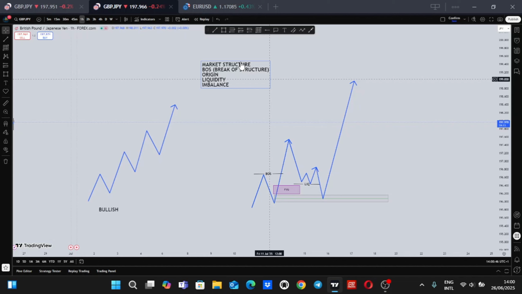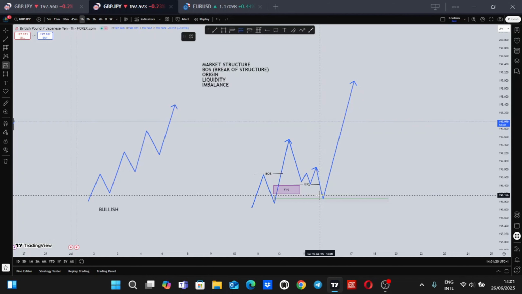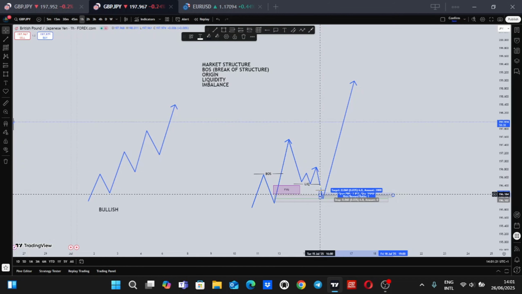Then you map out the origin that caused that break of structure in your entry time frame. Then you look out for liquidity and imbalance, fair value gaps, to make that origin point a valid one. Then all you need to do is set your pending order there.